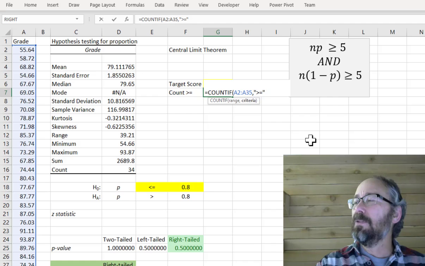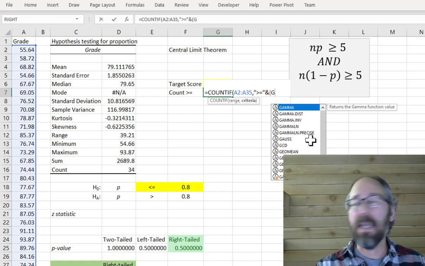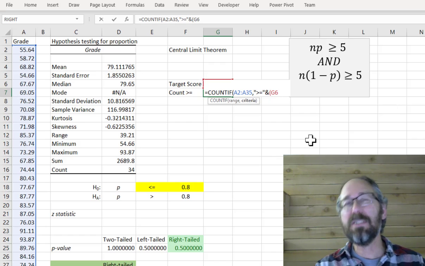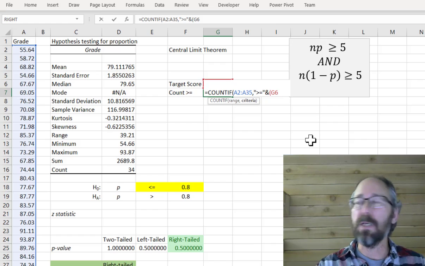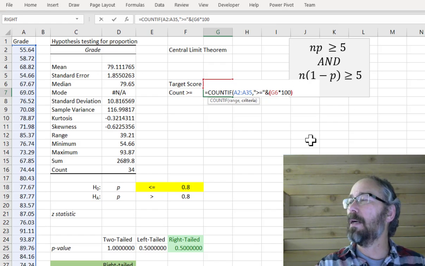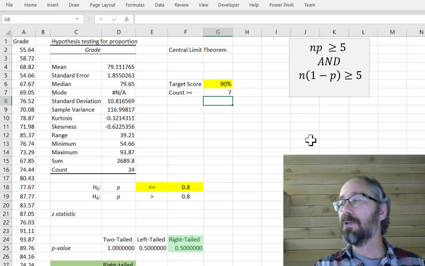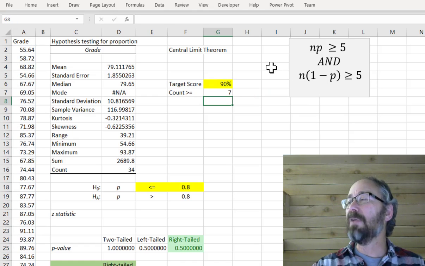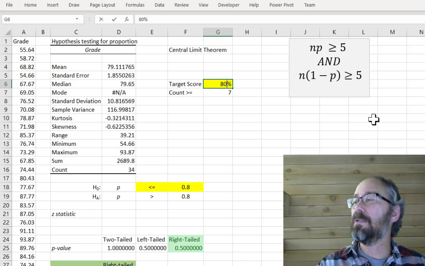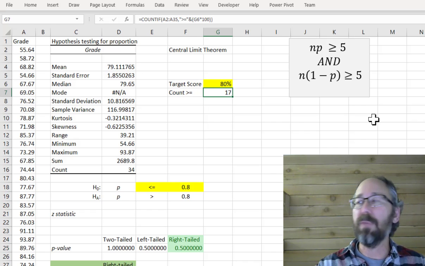And we have to use the and symbol to join that, concatenate it with that G6 value. Now G6 is a percentage and we need whole numbers, so we're going to multiply it by 100. So that should get us the right count. So there are 70 who have a 90 or better, and we could change this to 80 or better, and it tells us how many have that. We'll just leave it at 90.